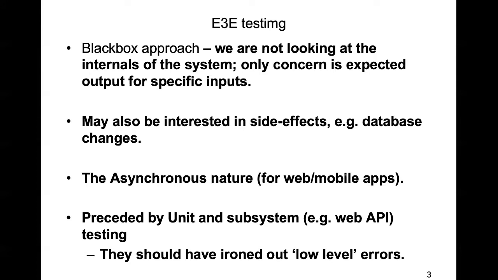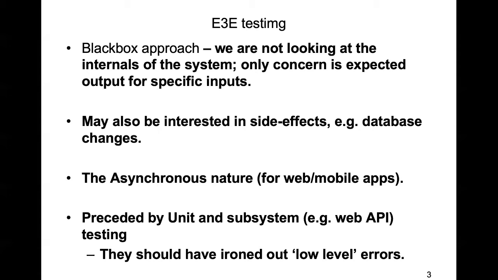We often use this term black box approach when we're doing system testing or end-to-end testing. A black box, the kind of analogy is, a black box is a box where you can't really see the internals of the box, and you're not concerned with the internal workings of the box.